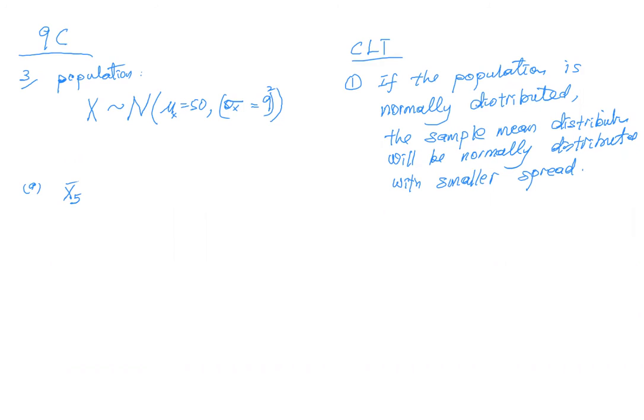So every time you see X bar 5, you know this is the sample means distribution. I like to use the word distribution, because it gives me the sense of a group. Sample means distribution of samples of size 5. So will this sample mean be normally distributed?